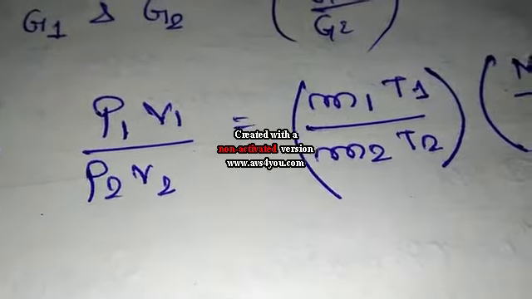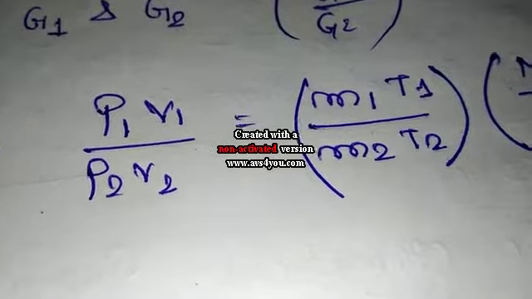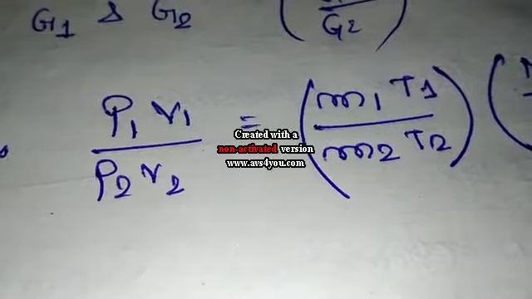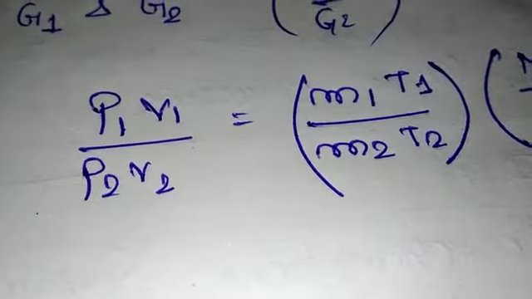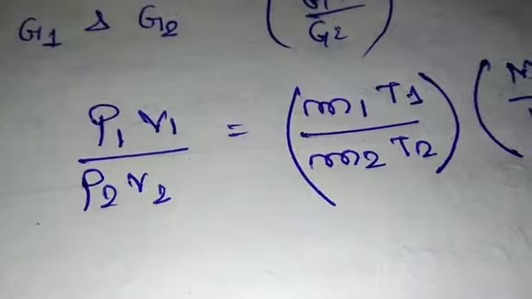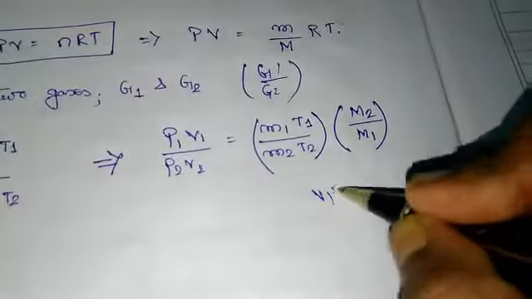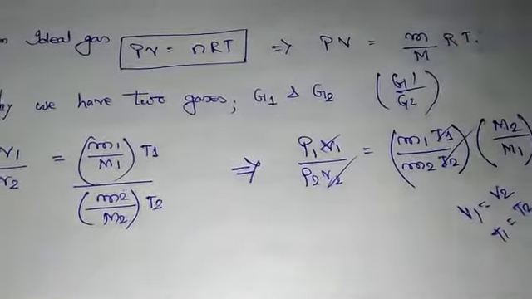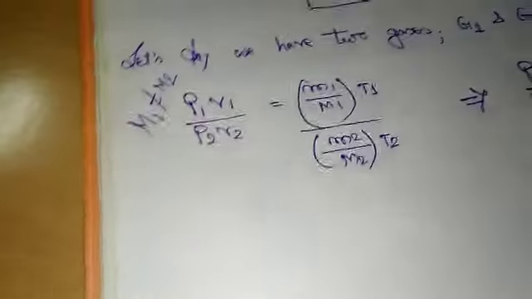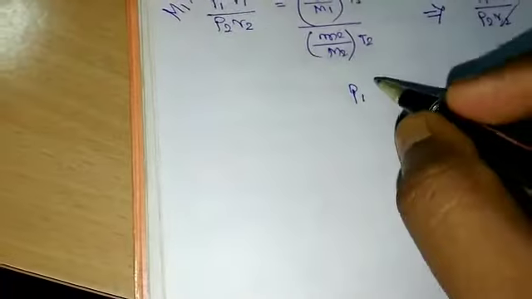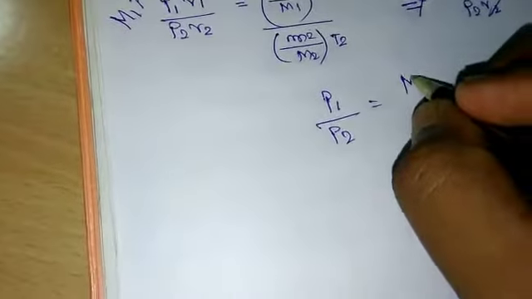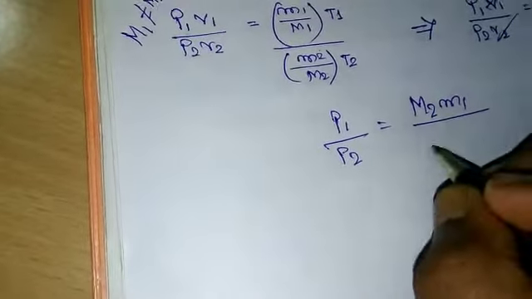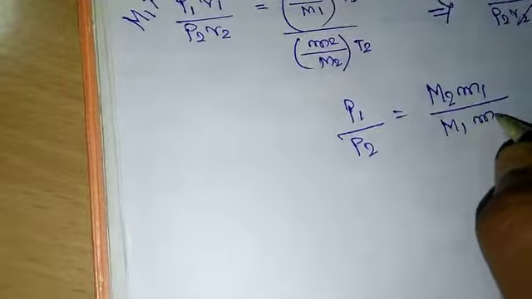Well, we keep both the gases at the same temperature and both in same volume containers. Then V1 equals V2 and T1 equals T2. Then what happens? Well, they cancel out. Then the final equation comes in hand, that is P1 by P2 is equal to m1 M2 by m2 M1.